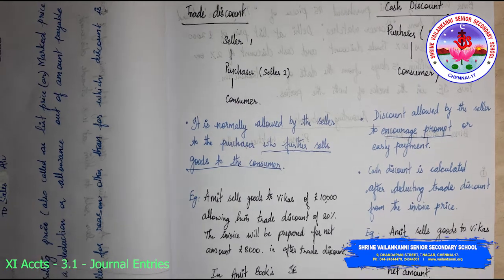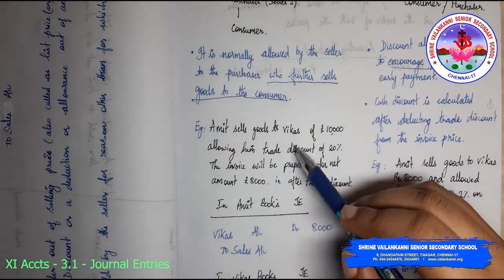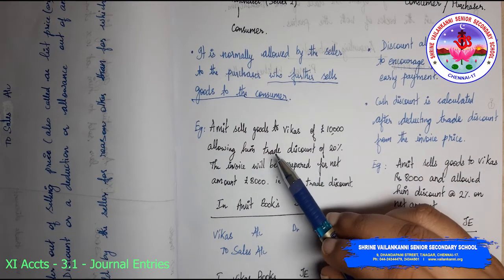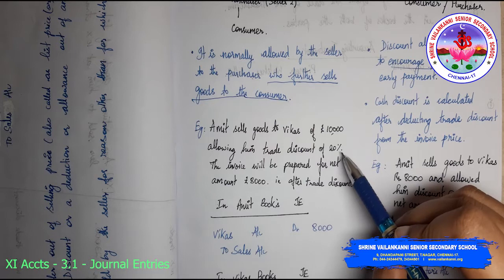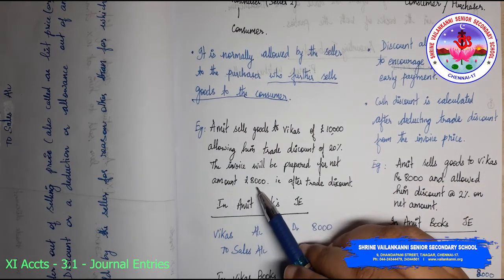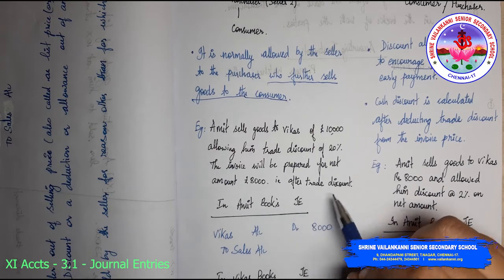Okay, and then Amit sells goods to Vikas of rupees 10,000, allowing him trade discount of 20%. The invoice will be prepared for net amount rupees 8,000, that is after trade discount.